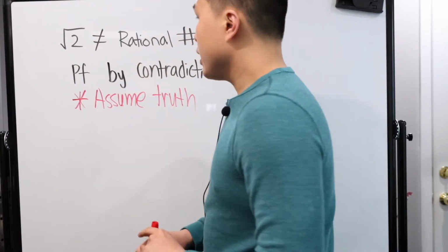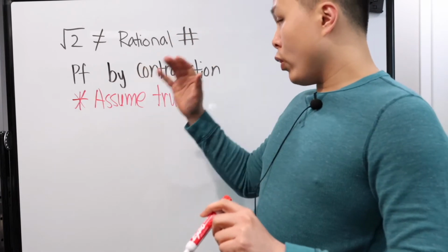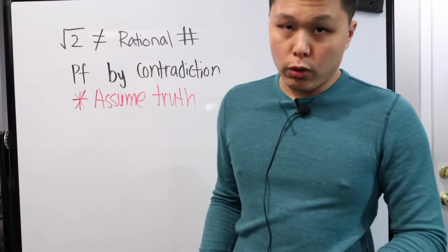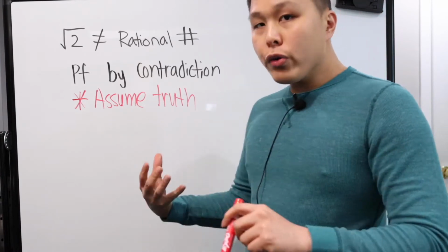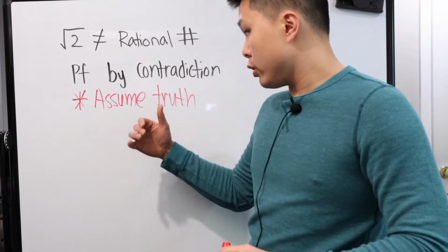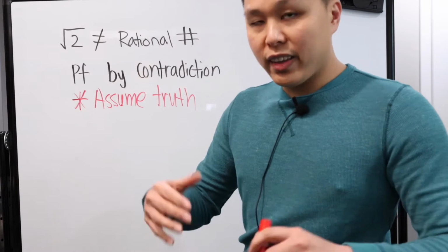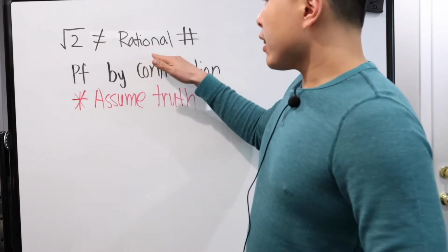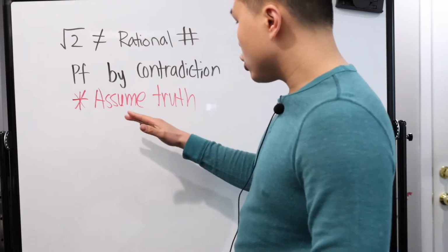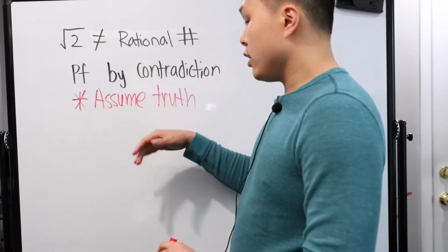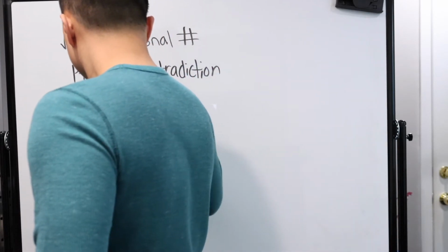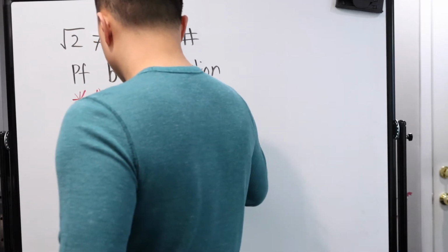And then after you assume that the opposite statement is true, you come into a contradiction as you work through the problem. And therefore, the only way that contradiction can be resolved, or why it happens in the first place, is because your original assumption is false. And that's the proof. So, if we're looking at this, the end result is that the square root of 2 is not a rational number. So, we're going to assume the opposite, right? We're going to assume square root 2 is a rational number. That's our assumption.